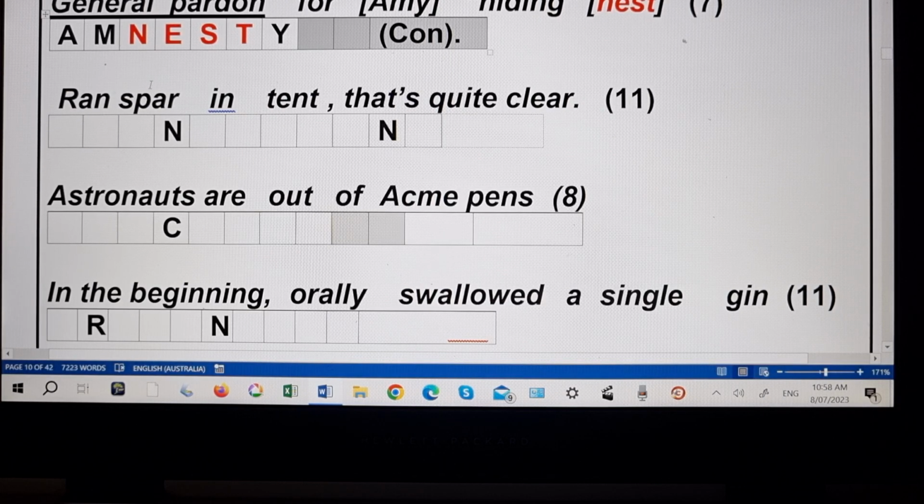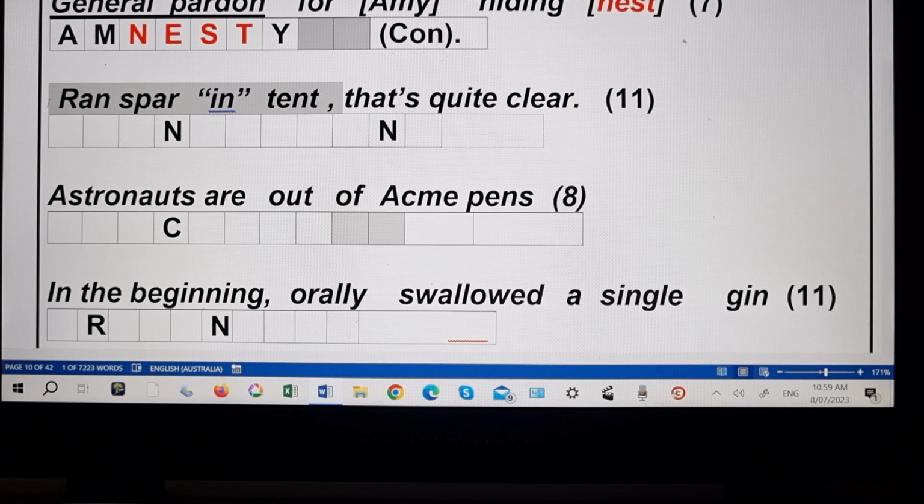Let's see. Looking at the clue now. Ren spar in could be a flag for a container. No other abbreviations or fodders. I can see a couple of N's there, and an N there, and an N here. I reckon that's possibly going to be the fodders, those double N's.